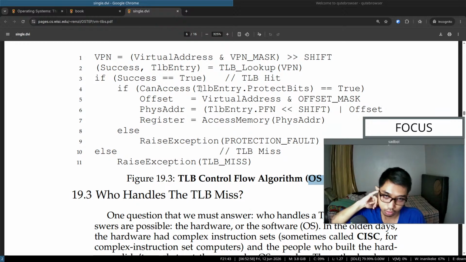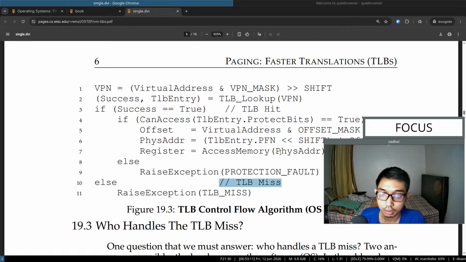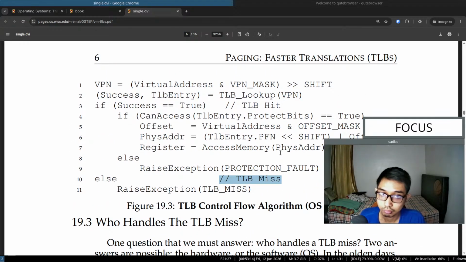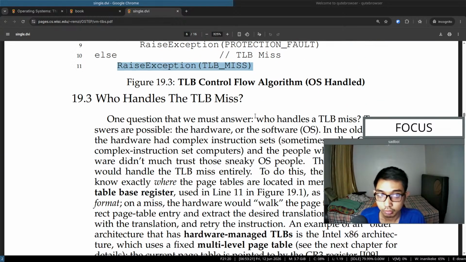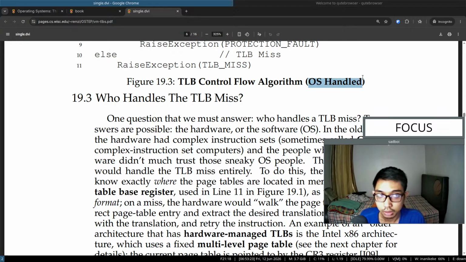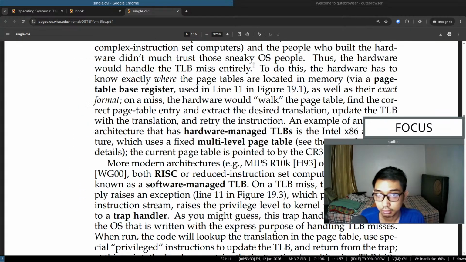Oh, wait. But yeah. Is this happening in the operating system or in the hardware? I'm assuming this is happening in the hardware, and then the operating system is the one going to handle the exception here rather than the hardware.